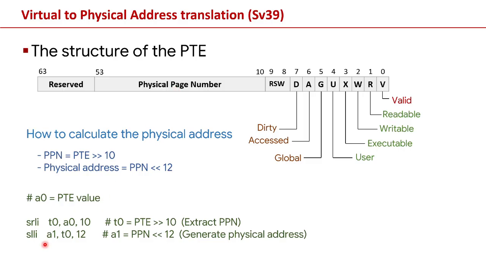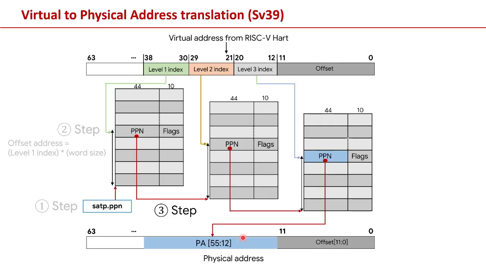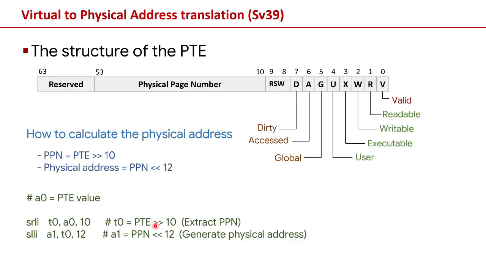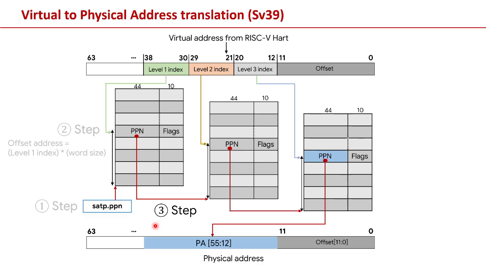The next instruction performs the left bit shift operation over the value of the T0 register by 12 positions. As a result, we have the physical address. Remember that this is the physical address. This physical address is pointing to the next level page table. This is the operation in the third step.